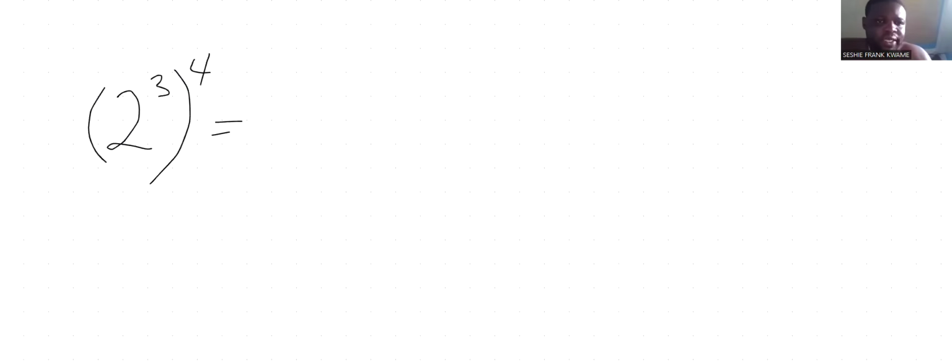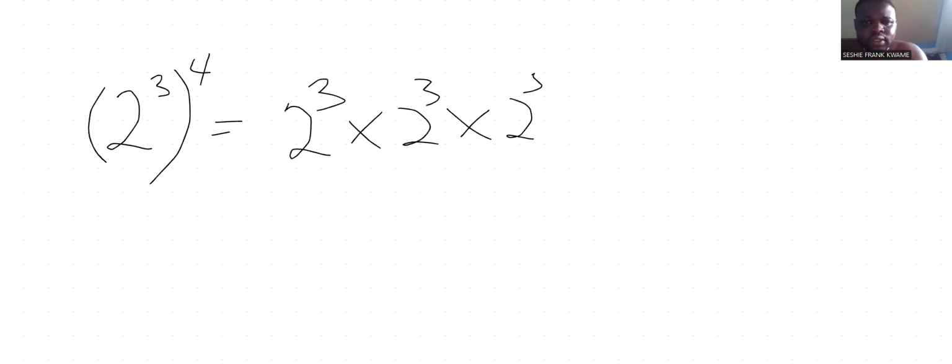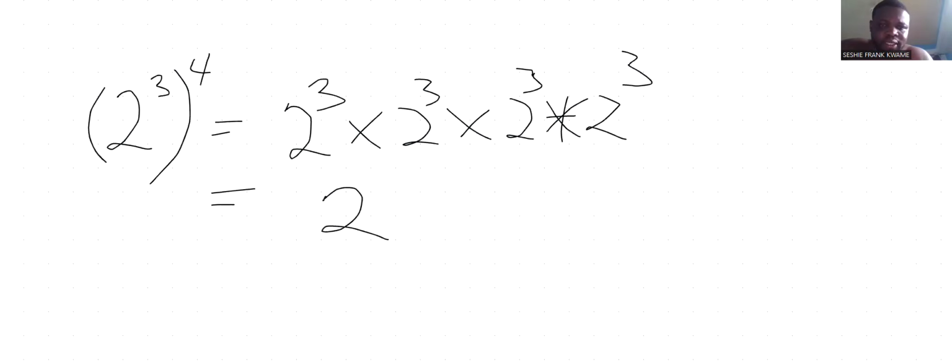The third law of indices is the power law. If you have 2 exponent 3 all exponent 4, it means that 2 exponent 3 is multiplying itself 4 times. So you keep the base and add 3 plus 3, 6, plus 3, 9, plus 3, 12.